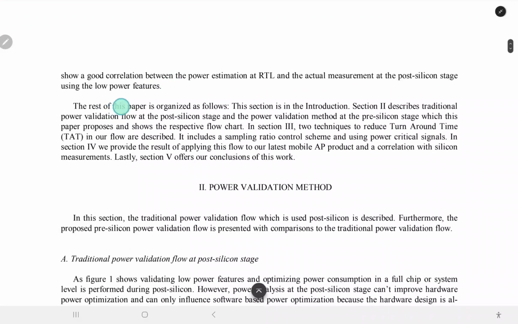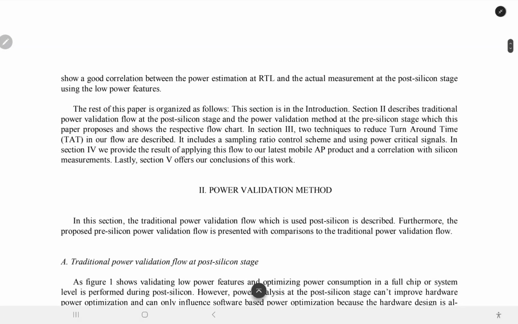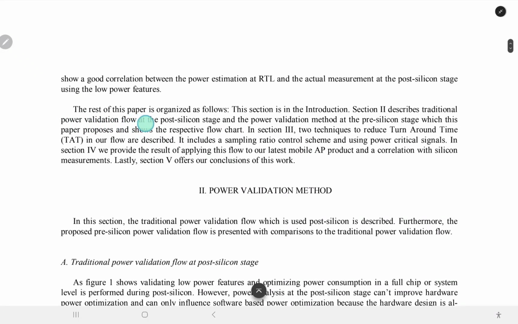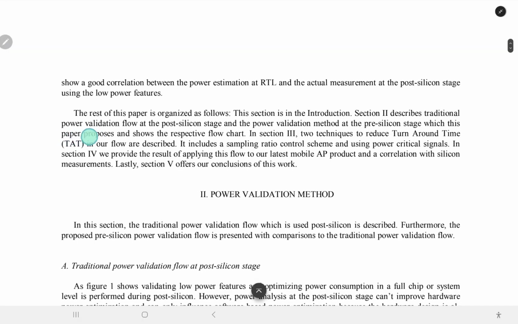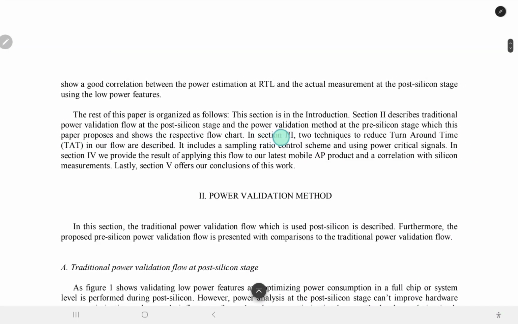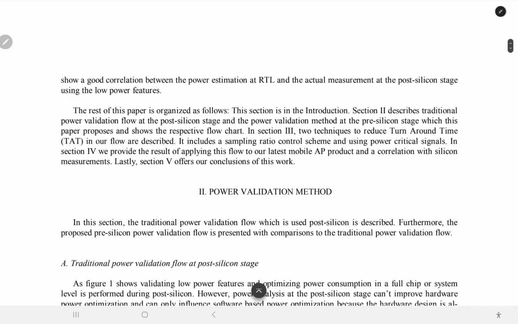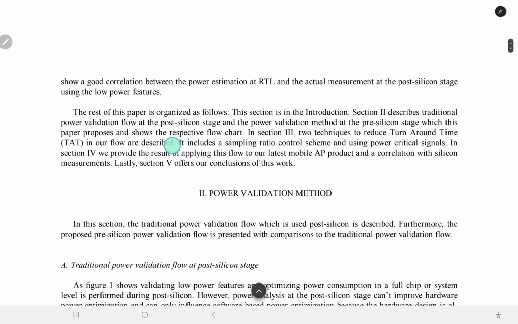The rest of this paper is organized as follows. This section is the introduction, and section 2 describes the traditional power validation flow at the post-silicon stage and the power validation method at the pre-silicon stage, which this paper proposes, and it shows the respective flow charts. In section 3, the techniques to reduce the turnaround time (TAT) in our flow are described.